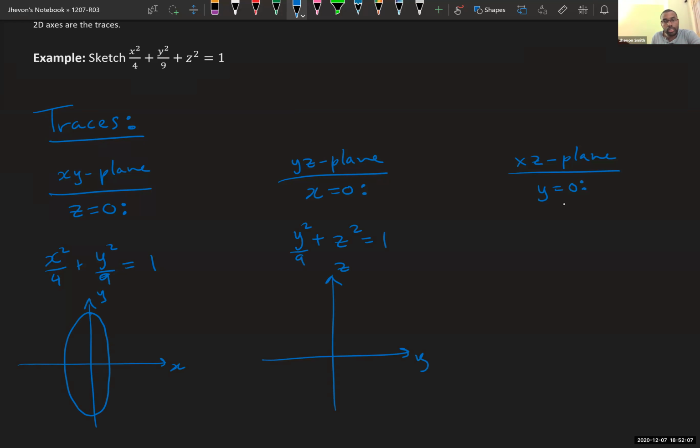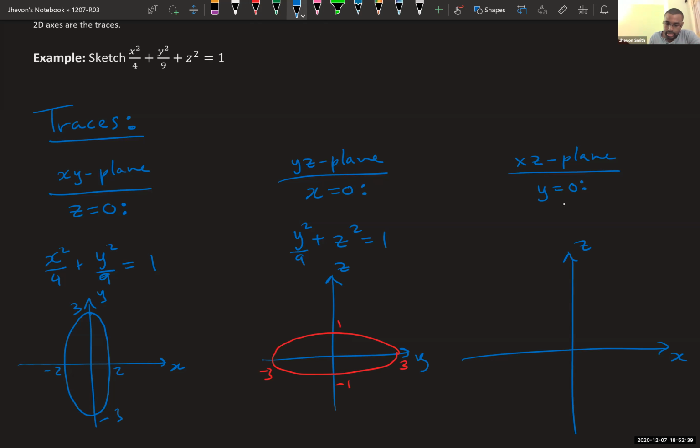Where does it stretch? In the y direction. In fact, I know that it goes 3 along the y and 1 along the z. And I would also know that this one goes 2 along the x and 3 along the y, right? Because we did conic sections. I would come over here, and now I'm going to write xz.